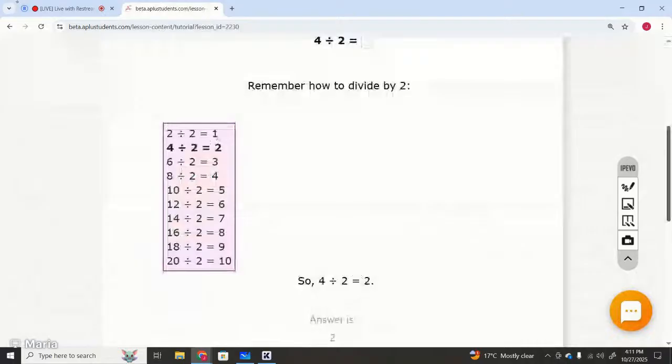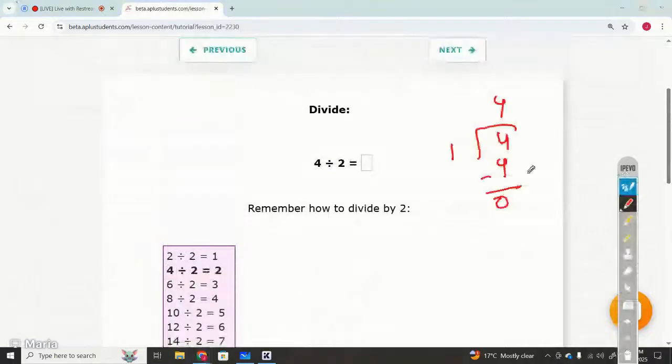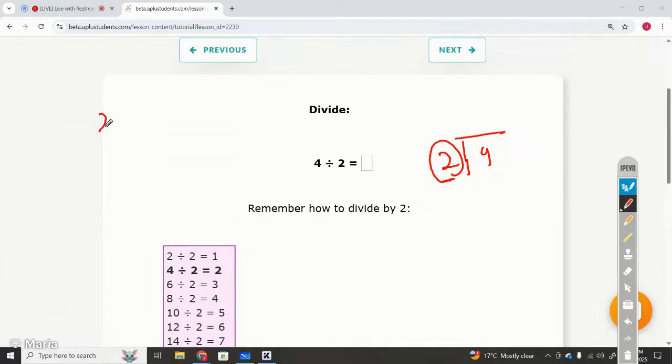4 divided by 2. So we need to count the multiplication table of 2 until we get the answer 4. You need to count a table of 2, like 2 times what number is 4.